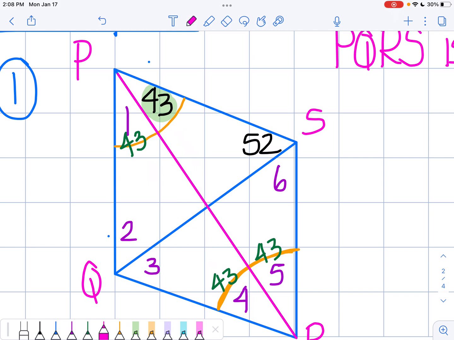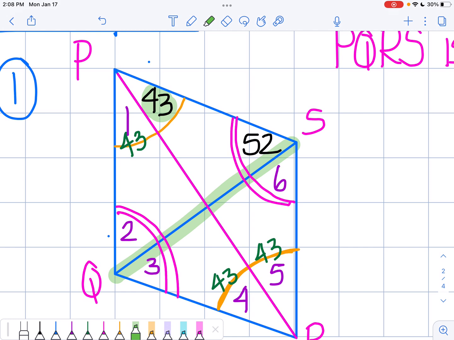Now I know that these angles and these angles are going to be the same. I also know that this diagonal cut my angle in half, so that angle 52 is the same as 6, so this angle right here is 52. Because these angles are equal, this angle right here is 52, and this angle, not 53, is also 52.